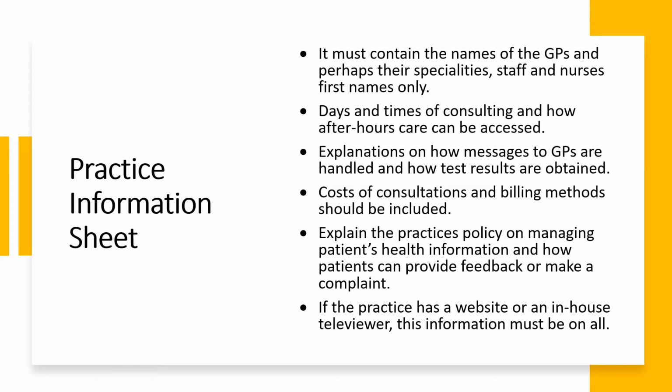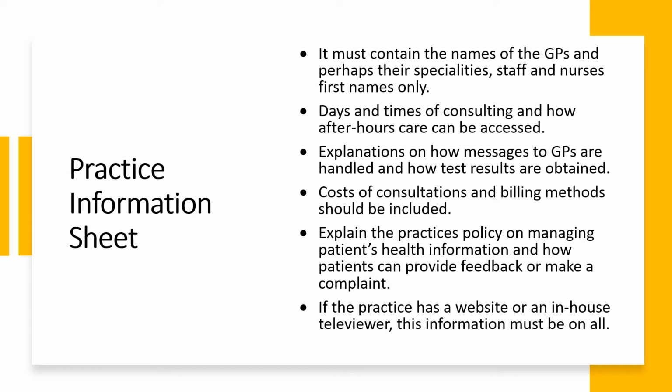Practice information sheet. Your practice information sheet must be available to patients in the waiting room. It must contain the names of the GPs and perhaps their specialties, staff and nurses' first names only, days and times of consulting and how after-hours care can be accessed, explanations on how messages to GPs are handled and how test results are obtained.